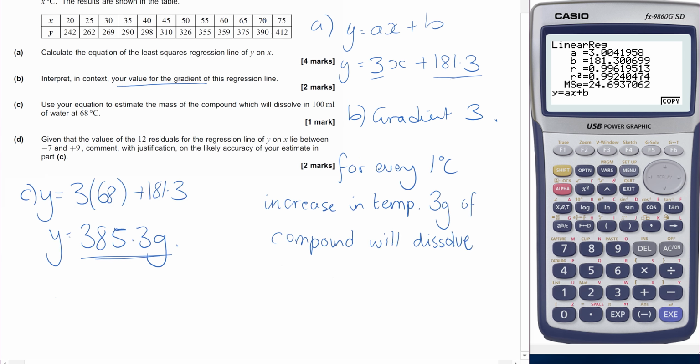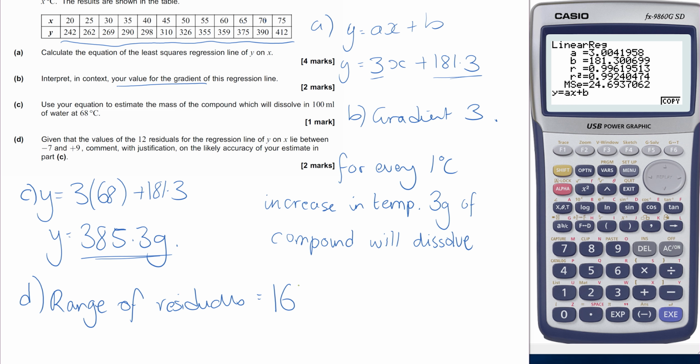Now part D, given that the values of the 12 residuals on the regression line y on x lie between -7 and 9, comment with justification on the accuracy of the estimate. Now the range of the residuals is the difference between those two numbers. So the range of the residuals in this case is 16. Now looking at the y values, we need to compare 16 with those y values, because that's what the residual is.